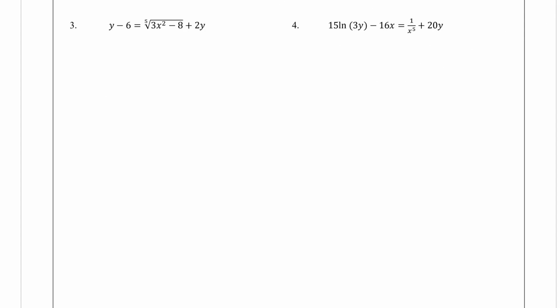So I've got y minus 6, so the derivative of y is dy dx, minus the derivative of 6, which is 0, so we can just get rid of that guy. Remember, we were going to rewrite this with a fractional exponent. And when you look at that, you're going to recognize that you've got a chain rule problem.